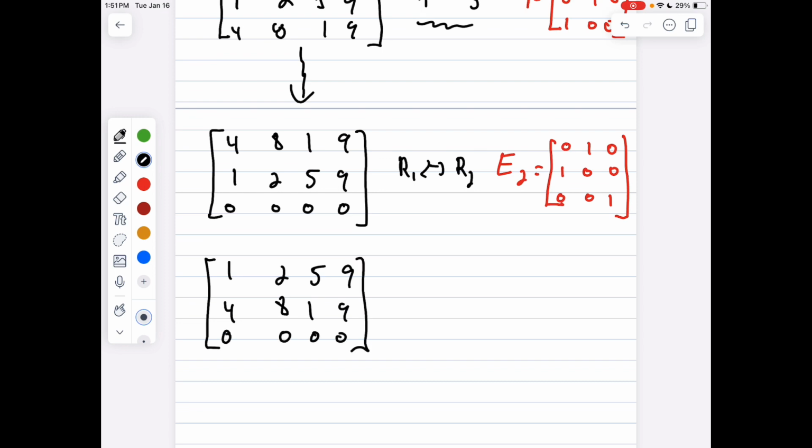Next, right under that 1 where that 4 is, I'm going to make that 0. So I'll multiply my first row by -4 and add the second row to make my new row 2. Doing that on the identity matrix, this would be 1, 0, 0, -4, 1, 0, 0, 0, 1.